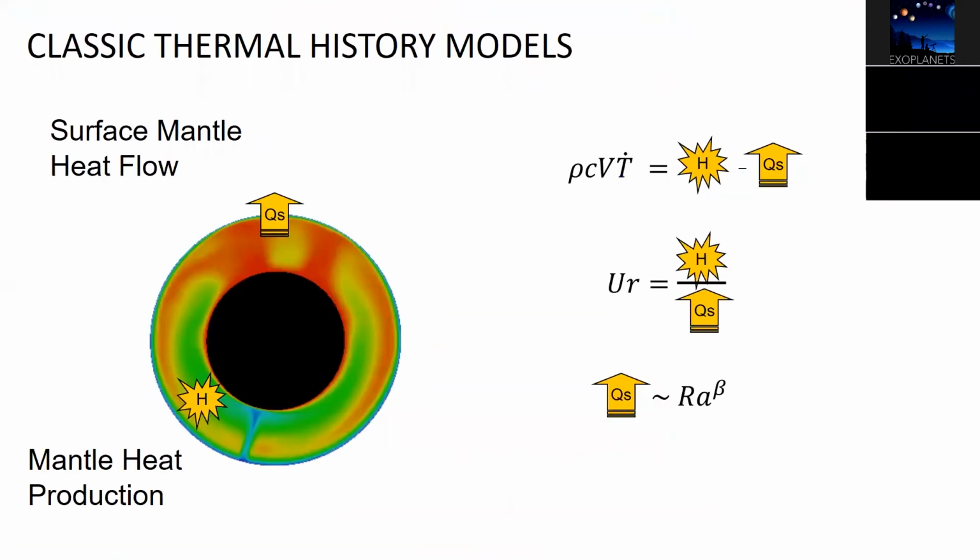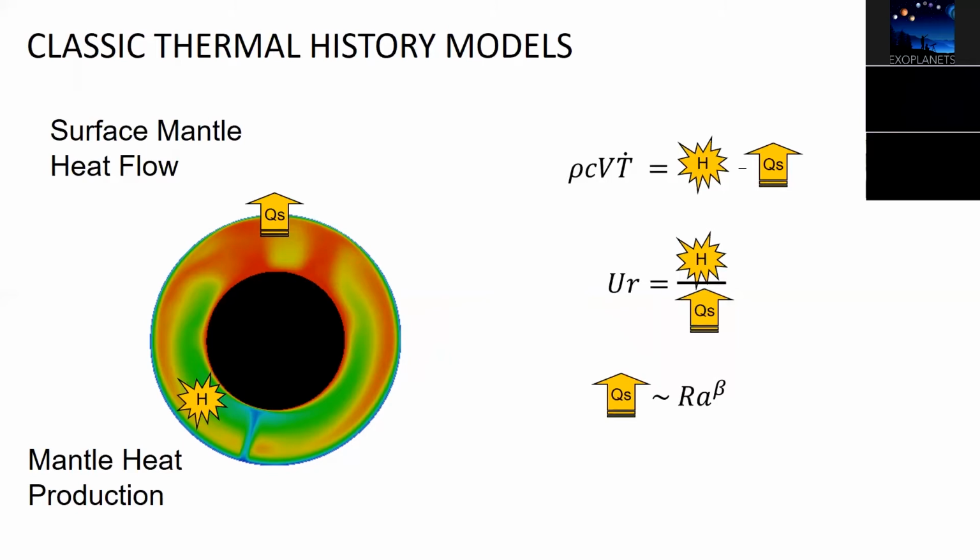So to begin, the easiest way for us to understand how Earth's interior has evolved is using simple energy balance models. What we're doing with these is tracking the internal temperature of the mantle through time, based on the amount of heat that's produced within the interior, and tracking also the amount of heat that's lost from the interior.